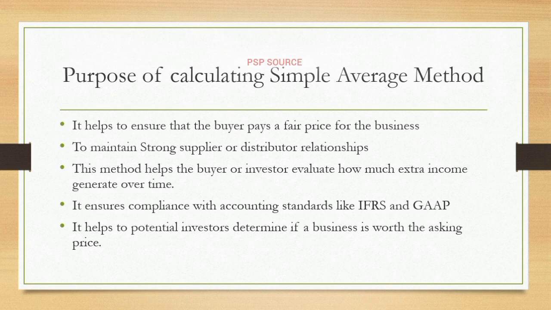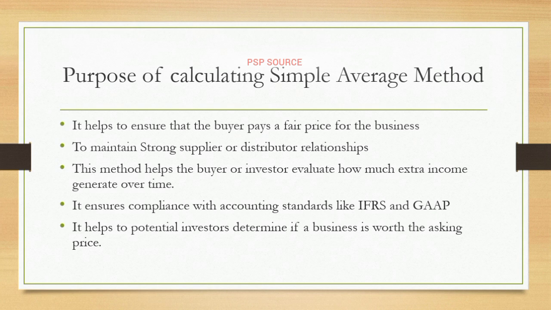So this method helps to know how much extra income we will get in future within a specific period. The fourth purpose is that it ensures compliance with accounting standards like IFRS and GAAP. So it ensures the rules. Compliance means rules and regulations as per the International Financial Reporting Standards and Generally Accepted Accounting Principles.